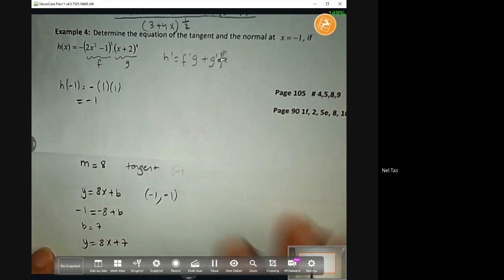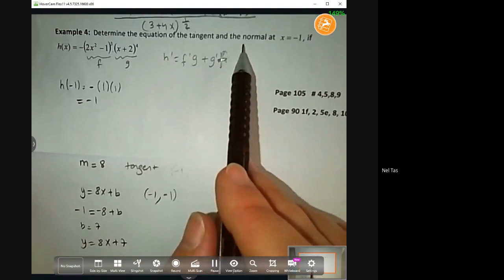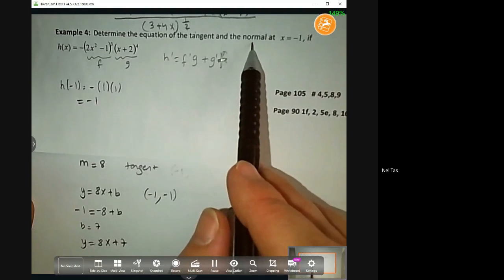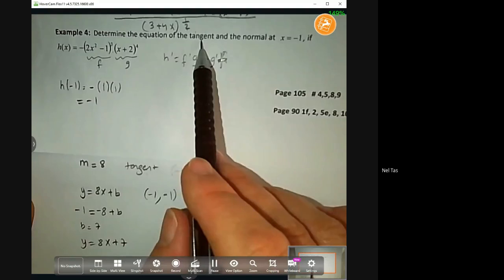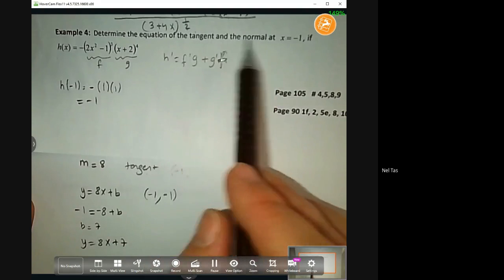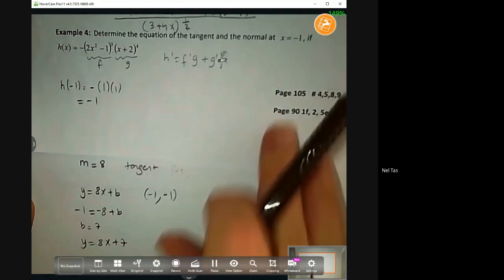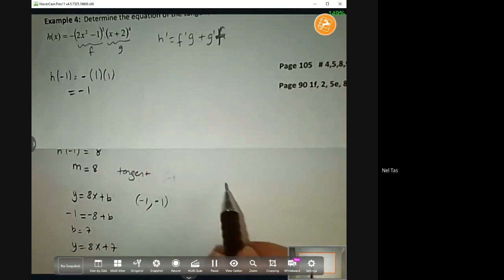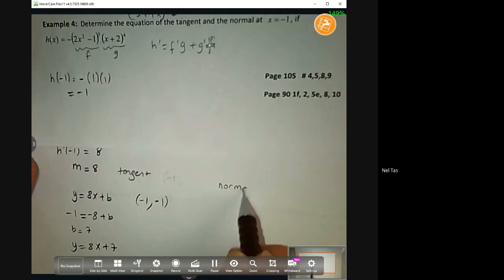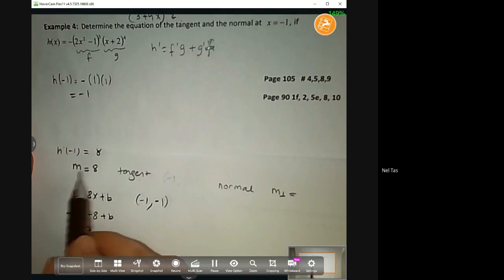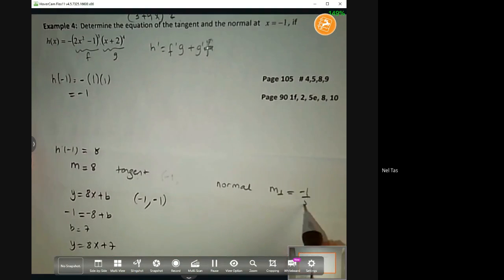Now we also need the equation of the normal. Let's remember the definition of the normal. The normal is a perpendicular line, right? So we are looking for a line that is perpendicular to the tangent. If it is perpendicular, then the slope is going to be the negative reciprocal, -1/8.